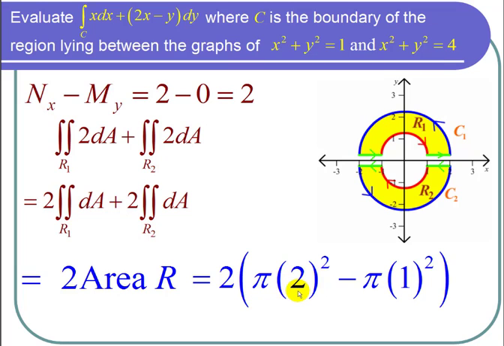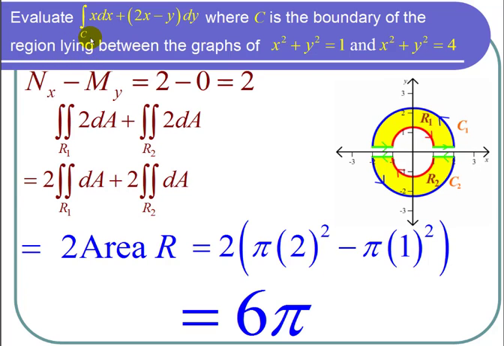For the outer circle, r is 2, so that's pi times 2 squared, minus pi times 1 squared, because the inner circle has radius 1. And that's equal to 4 pi minus pi, which is 3 pi, times 2, and we can conclude that the line integral over C is equal to 6 pi. And I'm done with the problem.